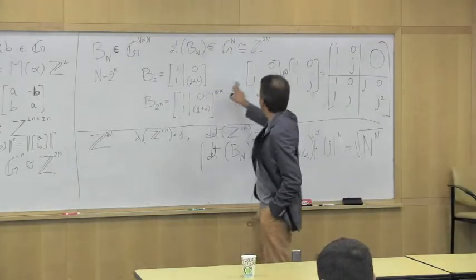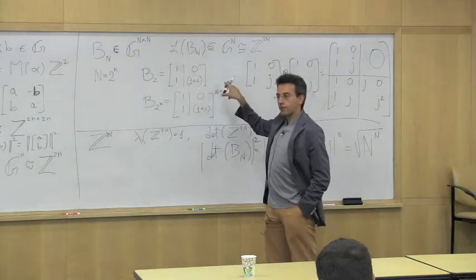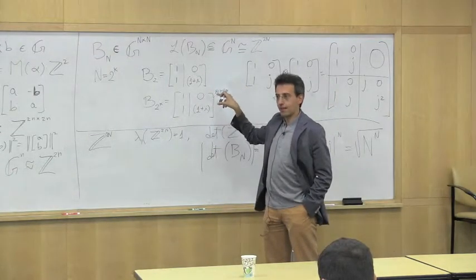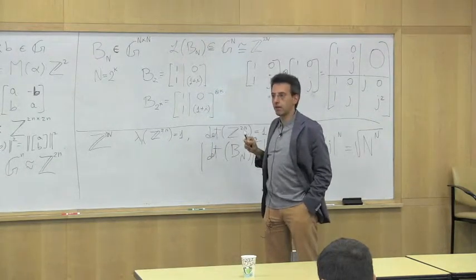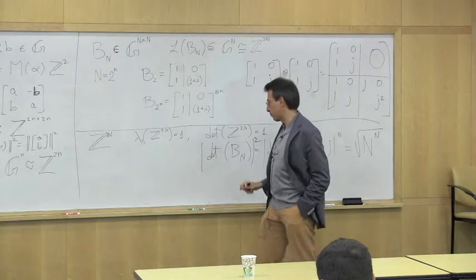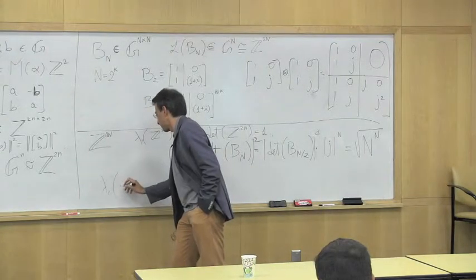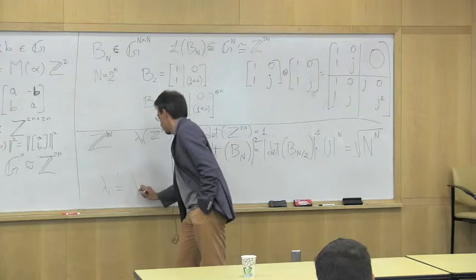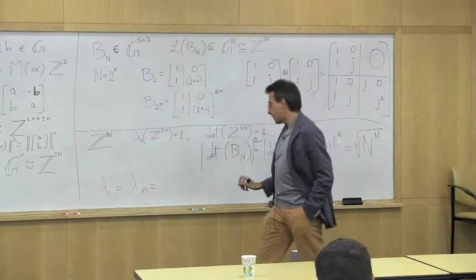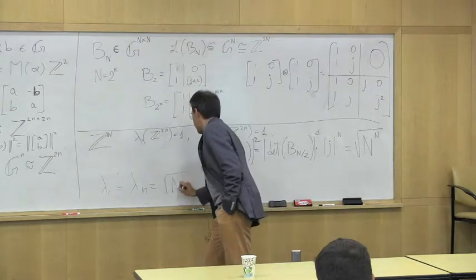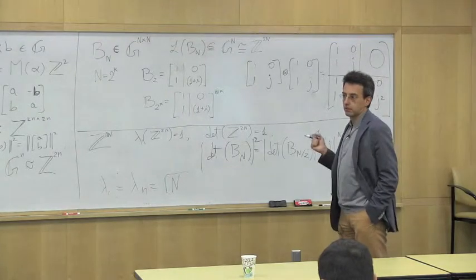If you take this basis matrix, all the vectors have the same norm, and those are all the successive minima of the lattice. So lambda 1 is equal to lambda n, just as for Z. And they are all equal to the length of these vectors, which is exactly the square root of n.